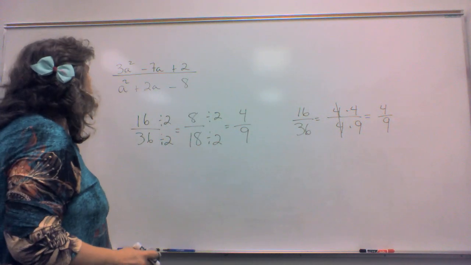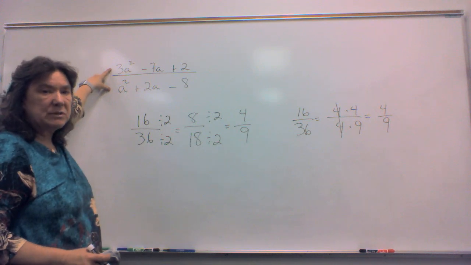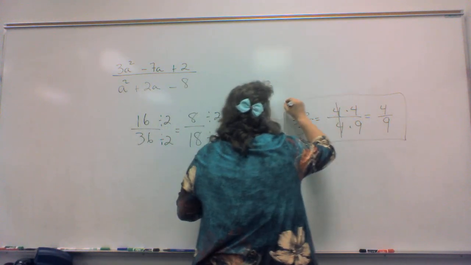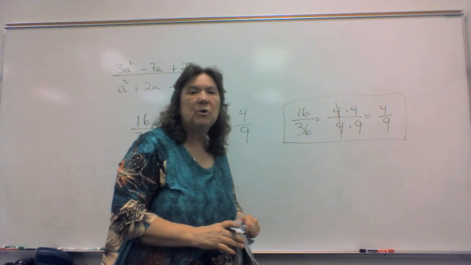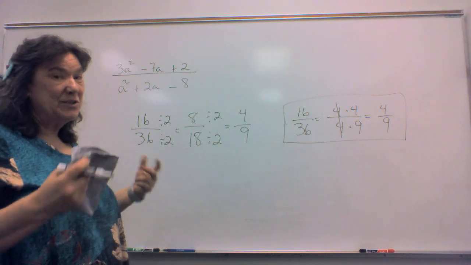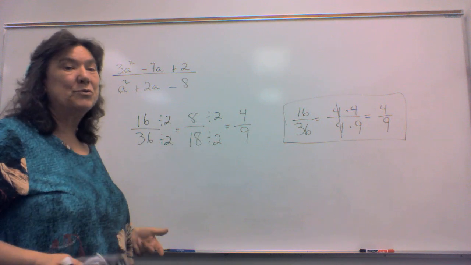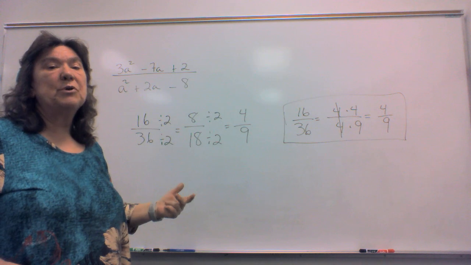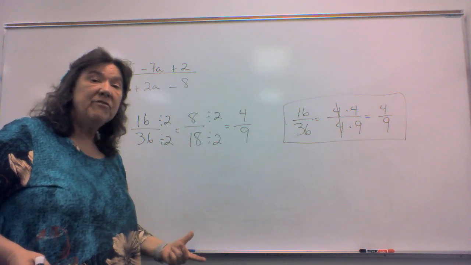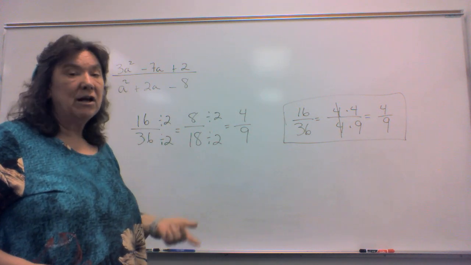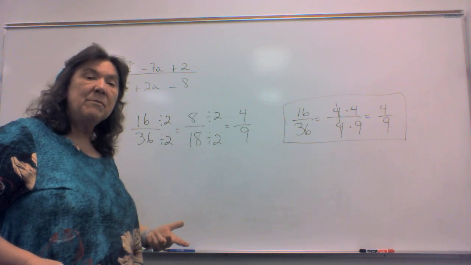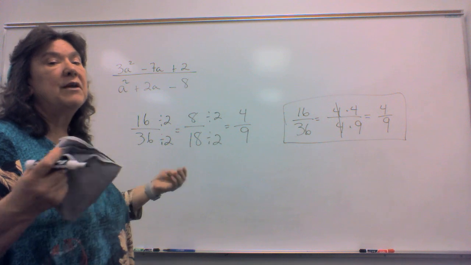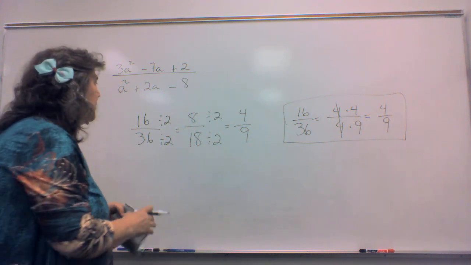Now, when we deal with a polynomial rational expression, we are going to use this method right here, where we factor the expression. Remember, I said the next 2 lessons are going to be using your factoring over and over and over again. So we're going to factor the expressions, look for common factors between the numerator and the denominator, and cancel them out because something divided by itself is equal to 1, and then that leaves us with whatever the answer is.